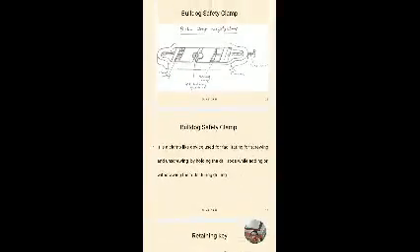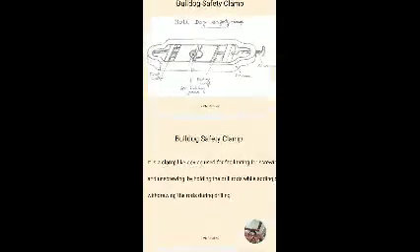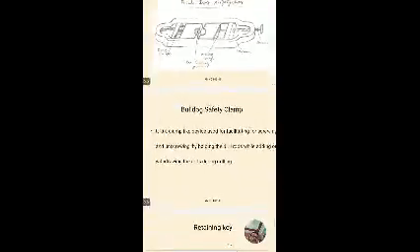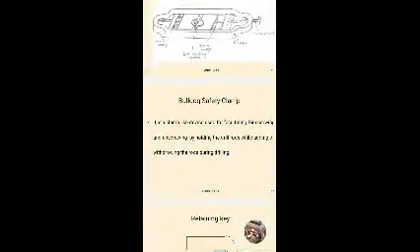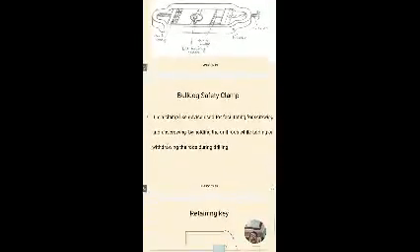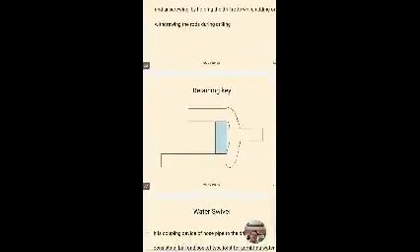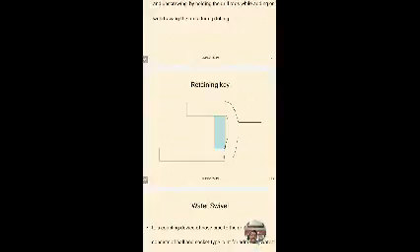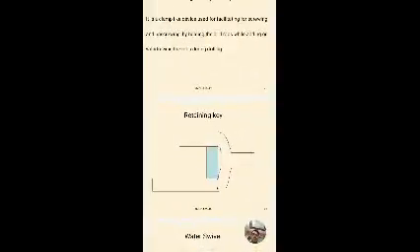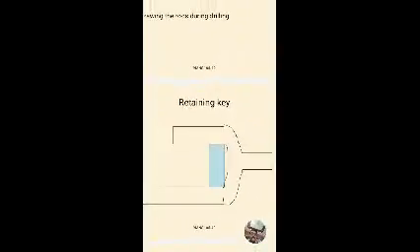Another important one: if the drill rods are circular in shape, then we go for the bulldog safety clamp. If it is not circular, if it is rectangular or square shape, a retaining key is used. This is the retaining key.